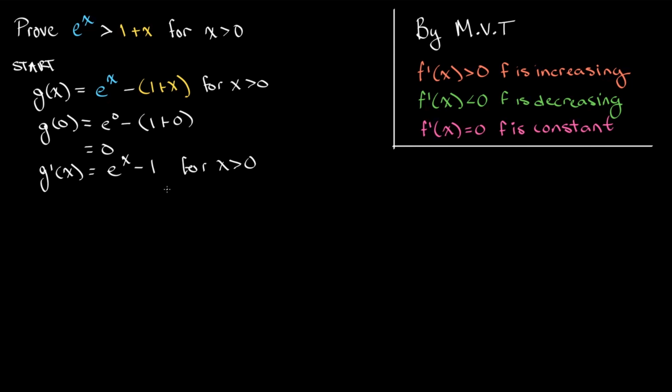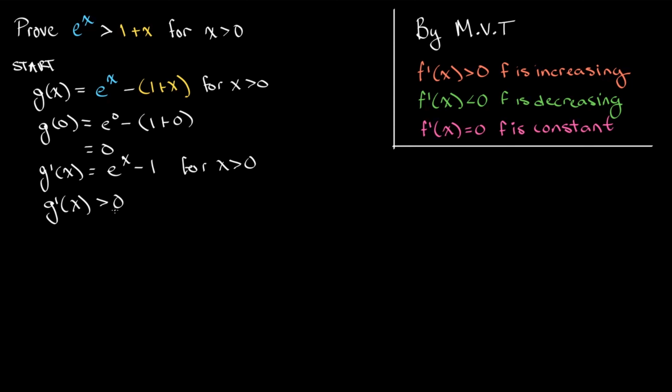When x is greater than 0, is our derivative positive, negative, or 0? Well, when x is 0, our derivative is 0, but as x is greater than 0, e to the x is going to be greater than 1. So our derivative here, g prime of x, is actually positive.